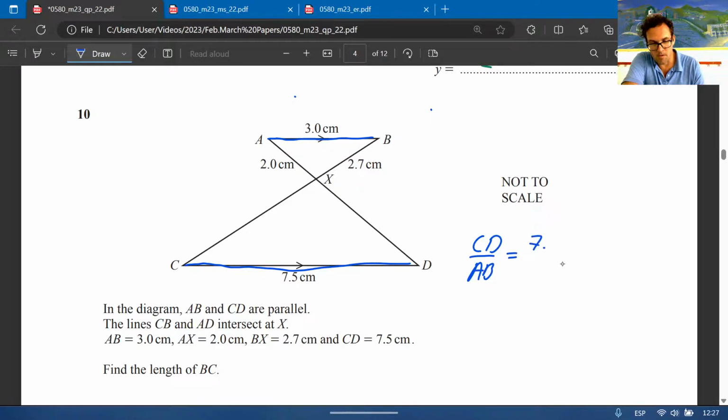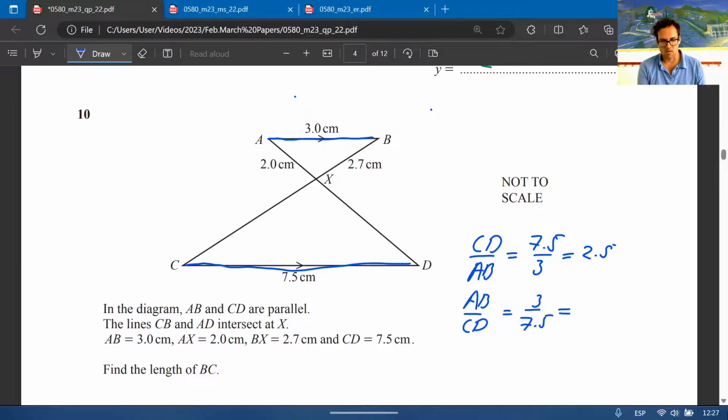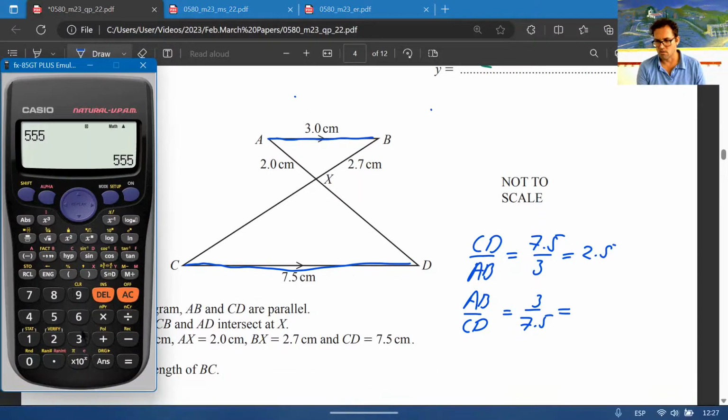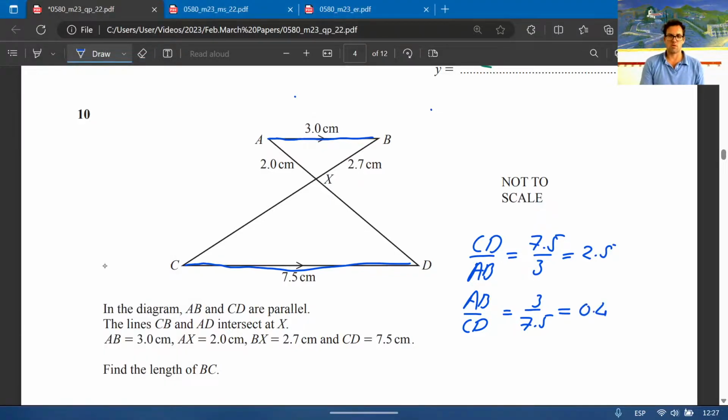We have 7.5 divided by 3, which will give us 2.5. So that tells us the bottom triangle is 2.5 times bigger than the top one. Or if you write it the other way around, we get 3 over 7.5. What's that going to give us? 0.4. So that means this small triangle is 0.4 of the big one.